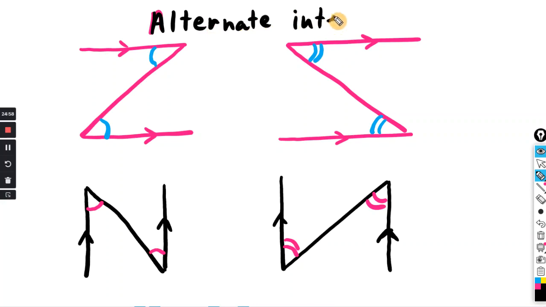Alternate interior angles can be easy to find when you look for the angles inside the Z or the N, and we know that alternate interior angles are congruent. So it works when the Z is frontwards or backwards, when the N is frontwards or backwards, as long as the lines are parallel.